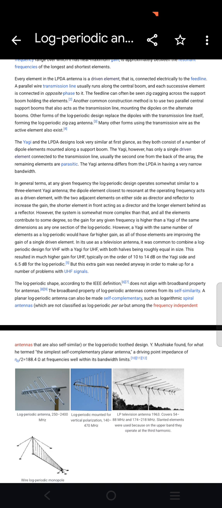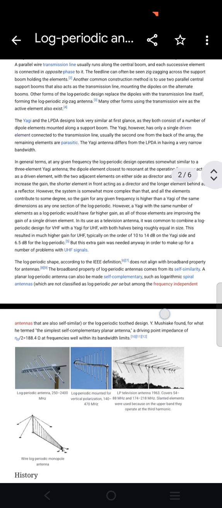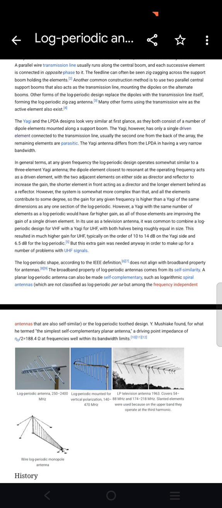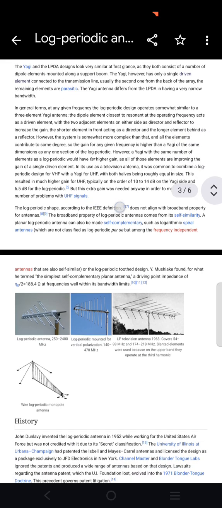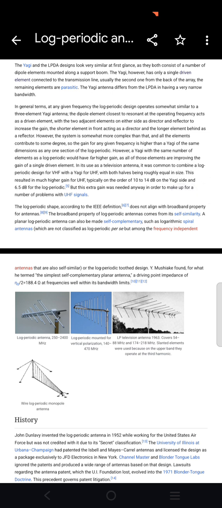The shorter element in front acts as the director and the longer element behind as a reflector. However, the system is somewhat more complex than that, and all the elements contribute to some degree, so the gain at any given frequency is higher than a Yagi of the same dimensions as any one section of the log periodic.